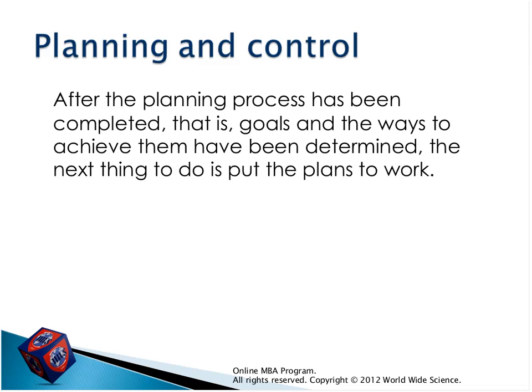And after that, when we already have a few variations of how to achieve our goals, we should put all the plans to work, to make a business. Go and buy, go and sell, go and do business, get income. This means put the plans to work.